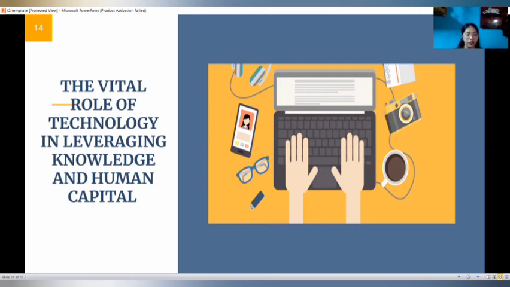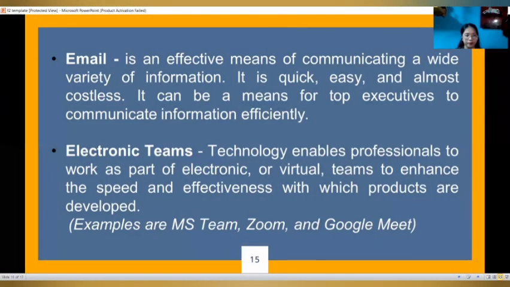The role of technology has successfully made communication much easier and better for us humans. With the help of technology, we can easily communicate by using emails and electronic teams. An example of email is Gmail, and examples of electronic teams are MS Teams, Zoom, and Google Meet.